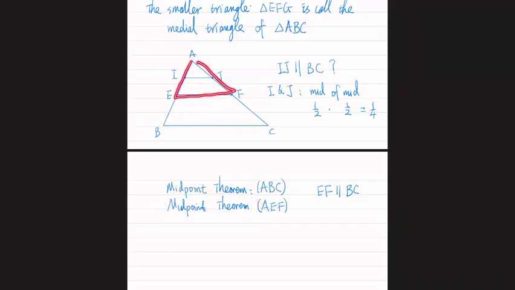Because I and J are the midpoints of the segments, we apply the midpoint theorem to the smaller triangle with their midpoints. Now if we combine the two, we see that IJ must be parallel to BC.